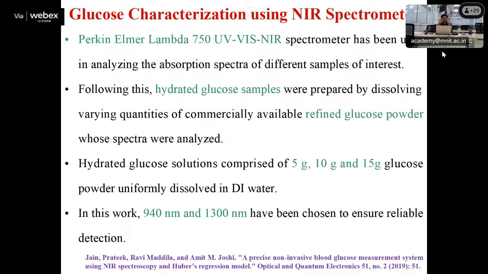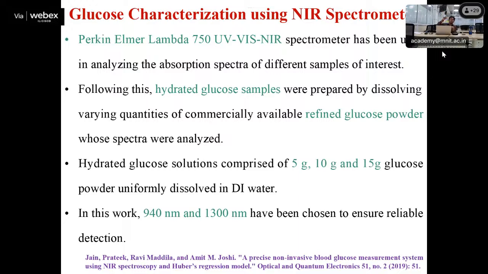We observed the spectrum through this spectrometer for different samples. What are the different samples we considered? We considered glucose powder, which is easily available at your medical store, or you can even purchase a glucose bottle. First we observed the spectrum of the glucose powder.